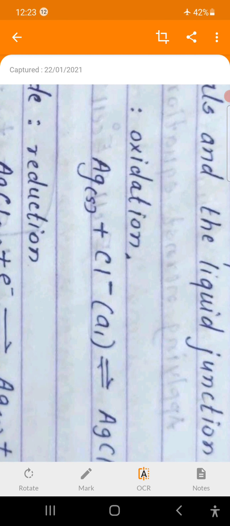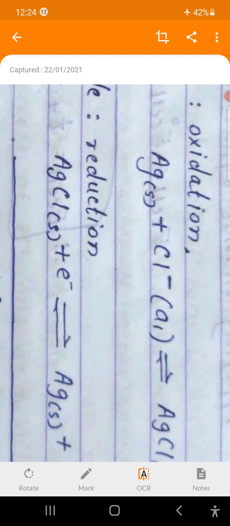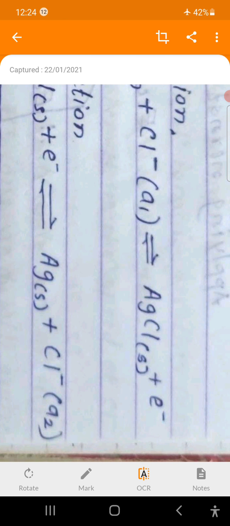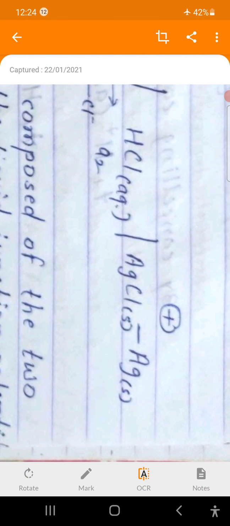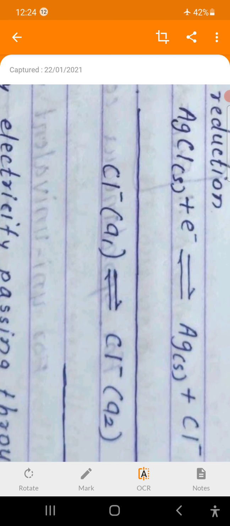Therefore AgCl plus 1 electron is converted to Ag solid plus Cl minus having activity A2, since at this side the solution has activity A2. Then the net cell reaction is obtained by cancelling common factors.